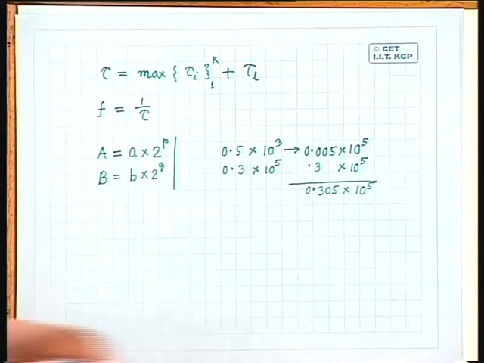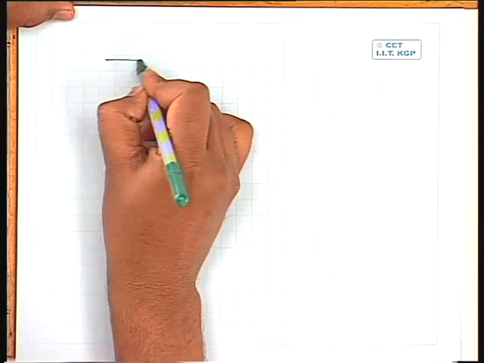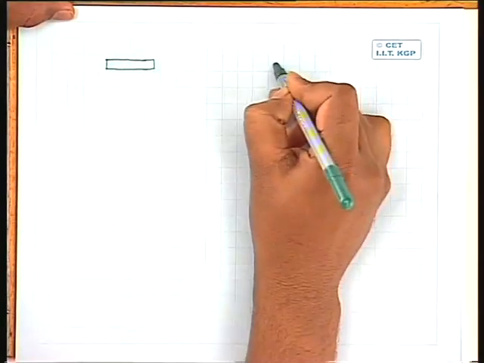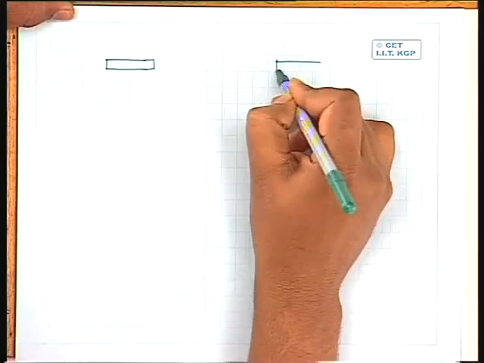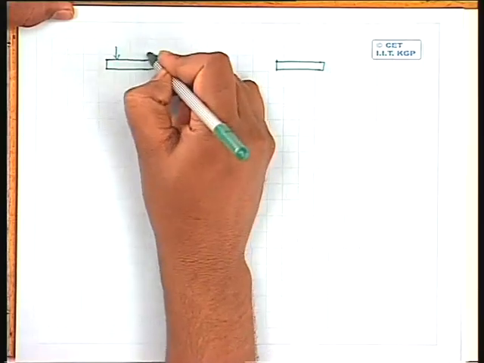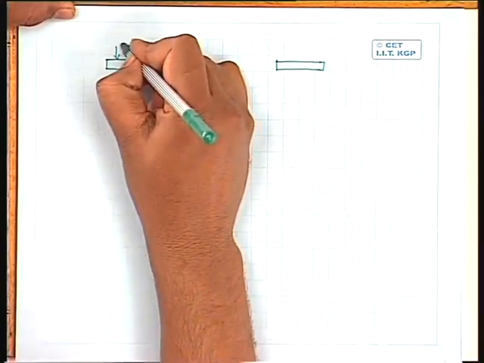Now let us see, if I want to perform a similar type of task through a pipeline processor, what are the pipeline stages that we need? The first component in the pipeline stage will obviously be two latches, which will latch the fraction and the exponent. One latch will take the exponent part and fraction part of the first number.